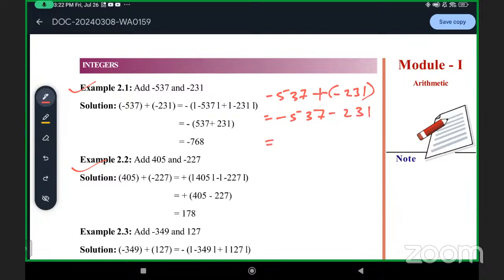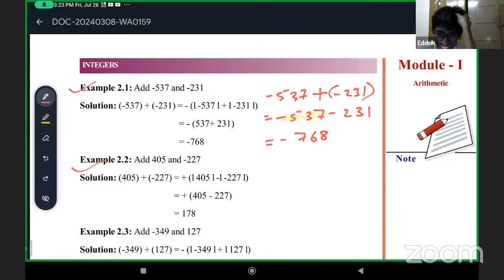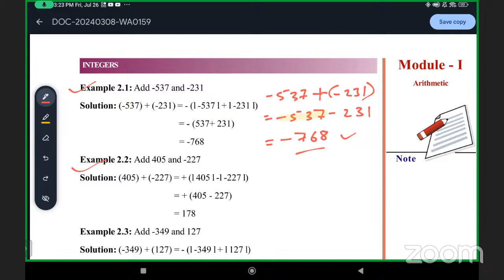Now minus minus I have, so I will add them together. 537 plus 231 is 768. Now, what's the bigger number? 537. What sign does it have? Minus. So minus 768. Okay, that's now solved.